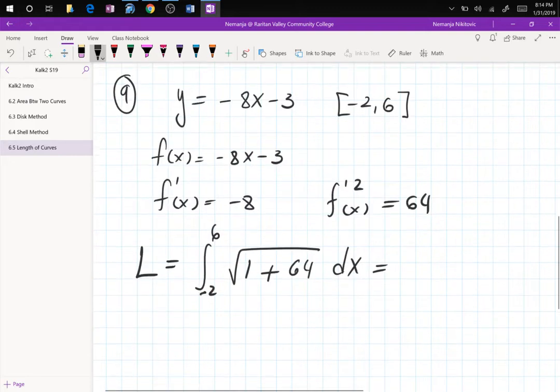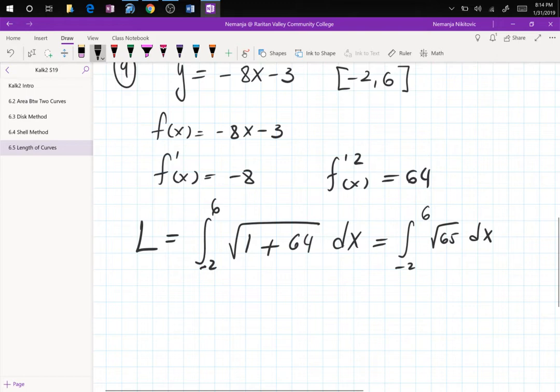So this is the integral from negative 2 to 6 of square root of 65 dx, which is equal to square root of 65 x computed from negative 2 to 6. Plug in 6, plug in negative 2, minus minus plus, so 8 square root of 65. Done.